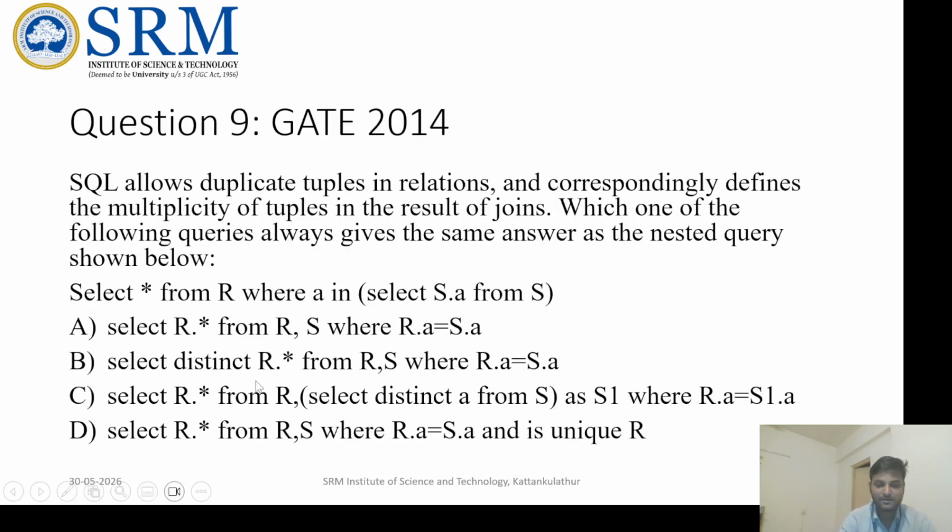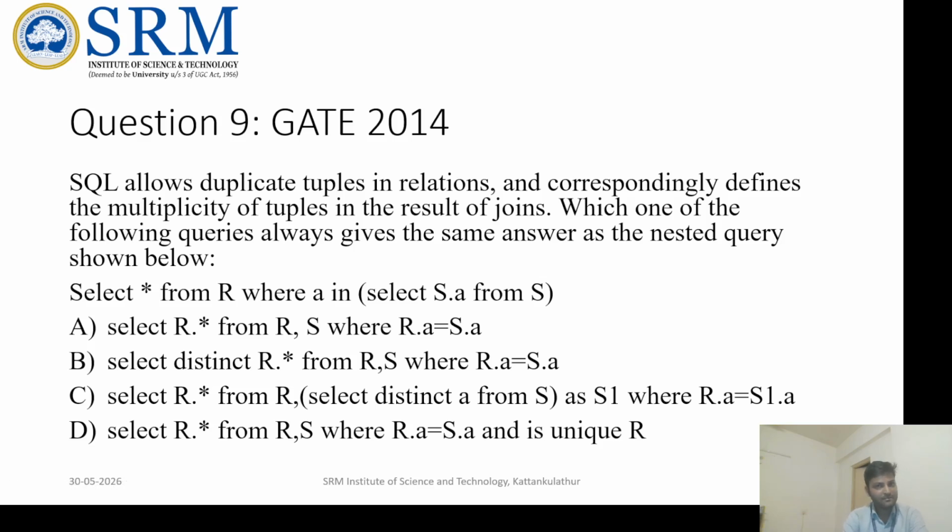The question is, there is an in statement, and this subquery will return a set, and it is checking whether the value of A is in this set. If it is not, it will not be considered to be printed.